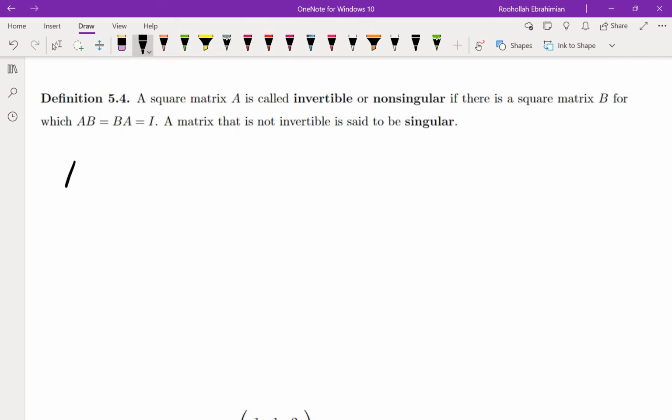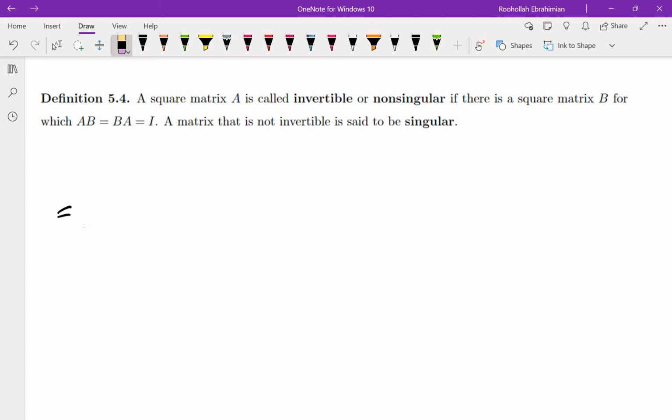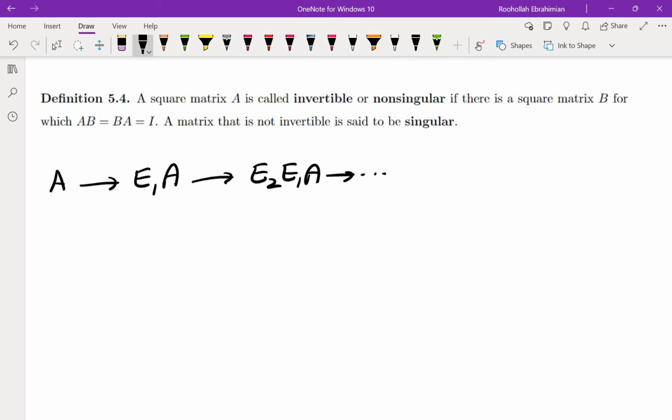If you recall, when you start from a matrix A, we can do row operations to get to either the identity matrix or a matrix that has zeros at the bottom. So let's just start from a matrix A and assume that we get to the identity. So after you do these row operations, the first row operation gives you an elementary matrix on the left times A. So you start from A, you do an elementary row operation, you get E1A, then E2E1A, etc., all the way to EM...E1A.